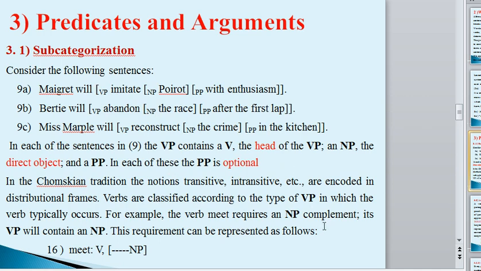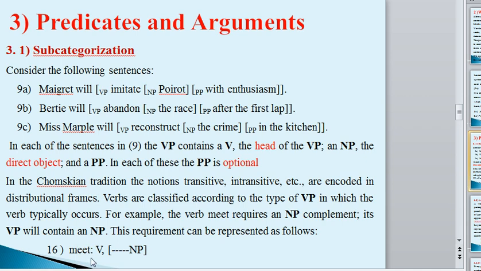In the Chomskyan tradition, the notions transitive, intransitive, and so on are encoded in distributional frames. Verbs are classified according to the type of VP in which the verb typically occurs. For example, we call a verb which needs an NP, a direct object, a transitive verb.